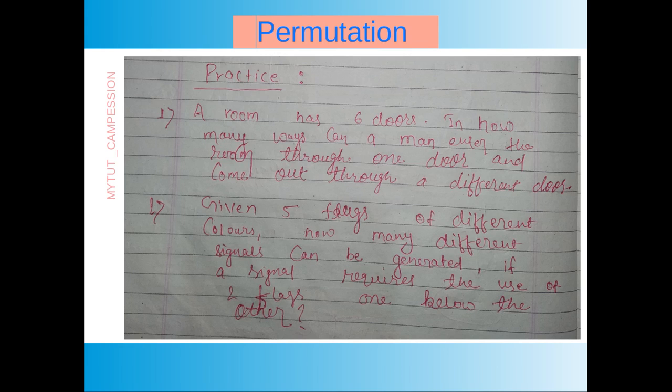Means a man enters a room, then enters from one door, then comes out of the room through another door, not the same door. So how many ways can the man enter the room through one door and come out through a different door?